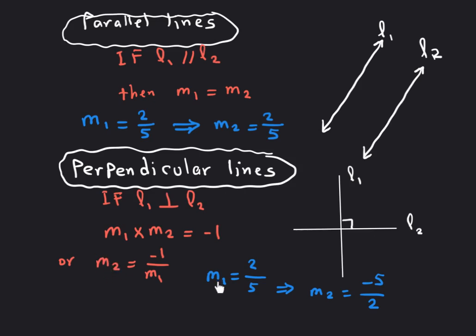For example, if M1 equals 2 over 5, then M2 is -1 divided by 2 over 5, which is -5 over 2. Or you can find the negative reciprocal of this fraction: flip the fraction first, then change the sign. So 2 over 5 flipped gives 5 over 2, then you change the sign, so you need -5 over 2. This is a direct way to find the gradient of the perpendicular to a given line.